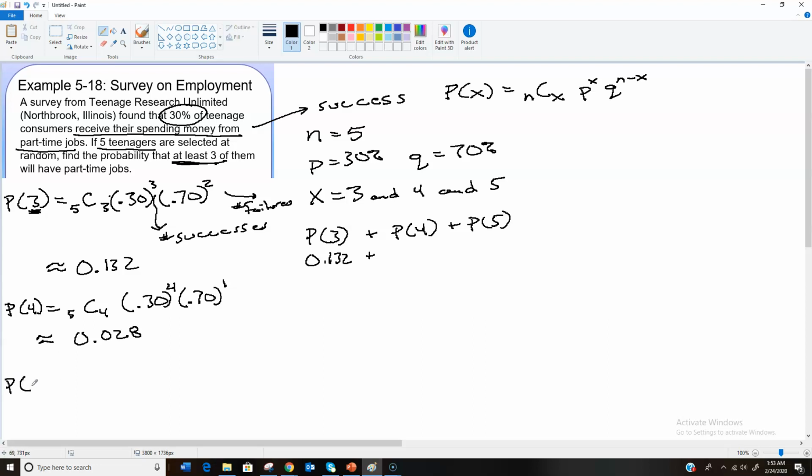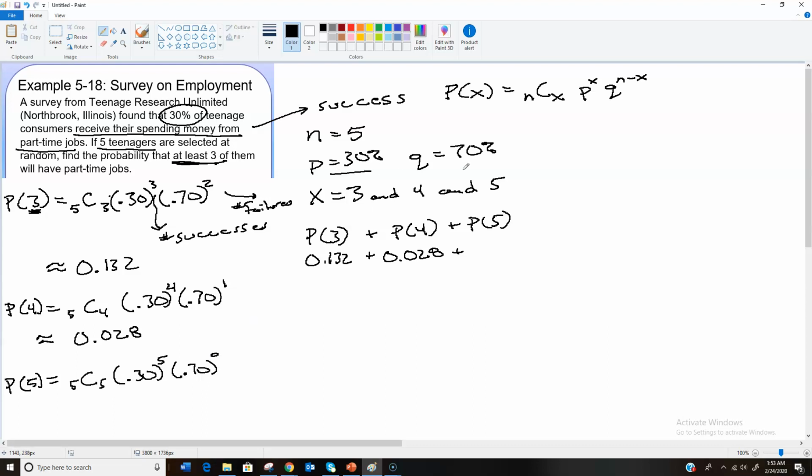And then last but not least, the probability of 5. Oh, and let's put this back up here. So that's our second one that we're going to add. And then P of 5 is 5 choose 5. We want all 5 out of the 5 to have a part-time job. So that leaves 0.3 to the 5th, 0.7 to the 0. 0.3 and 0.7 remain the same.